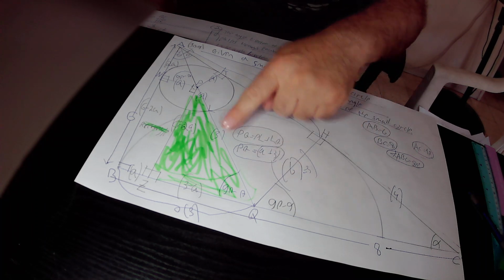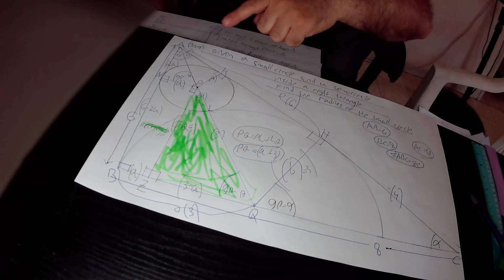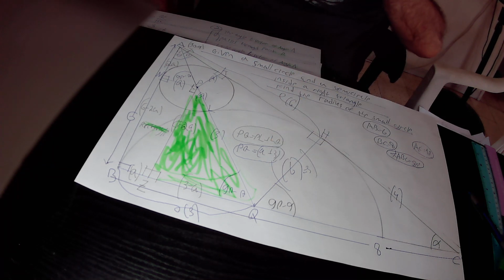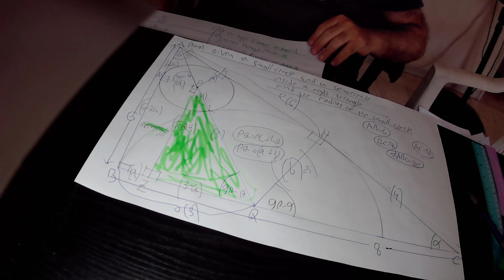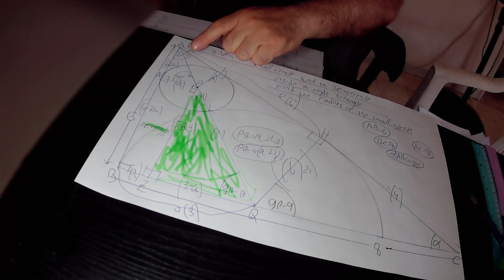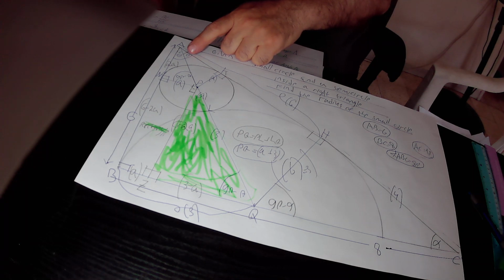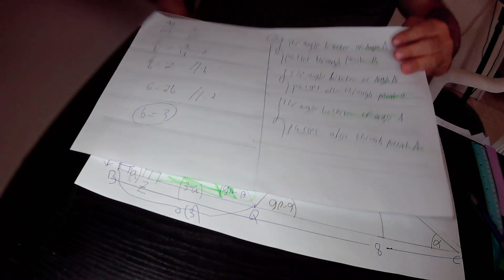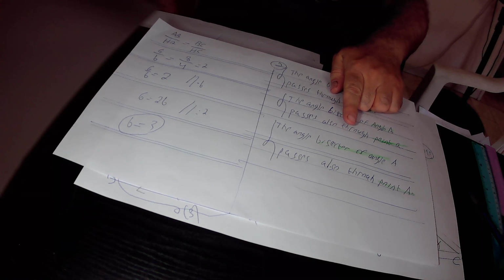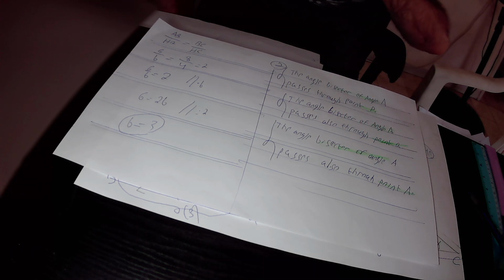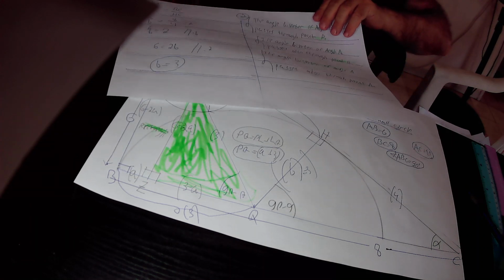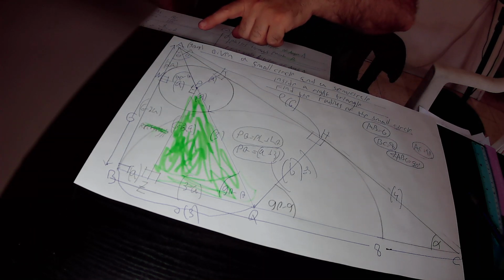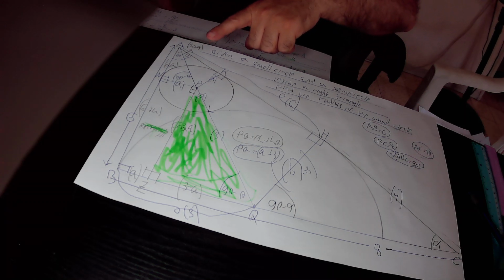So QA is the angle bisector of angle A, and of course it passes through point Q. So in conclusion, we found out that the angle bisector of this angle A passes through points A, P, and Q.